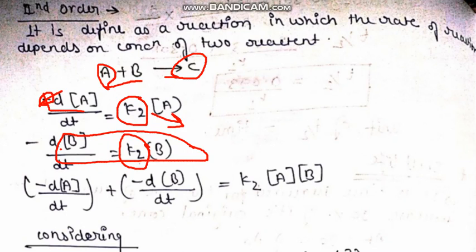If it is K0, it represents zero order reaction, and if it is K1, it represents first order kinetics, and if it is K2, it means our drug is degraded with second order kinetics. These equations can be combined because the rate is dependent on the two reactants, so the equation now becomes minus dA upon dt plus minus dB upon dt is equal to K2 A into B.